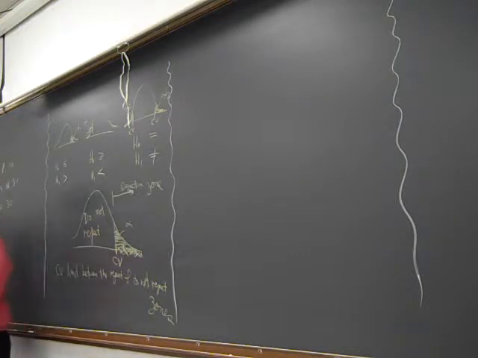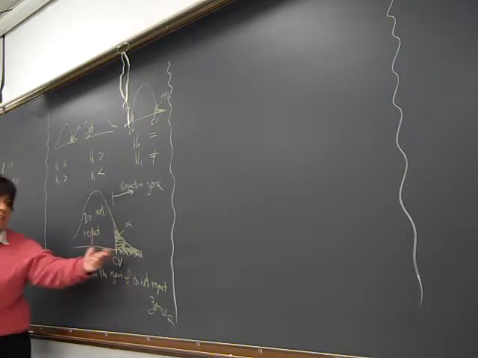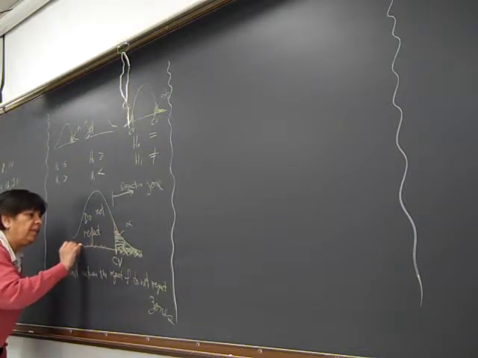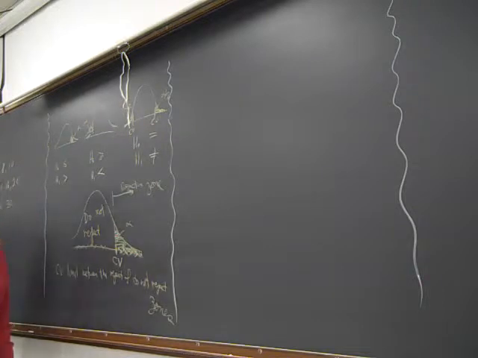Okay? So if my test value is over here in the rejection zone, I reject the null hypothesis. If my test value is in any place in the do not reject zone, the conclusion would be do not reject the null hypothesis. Okay? Easy. Simple.